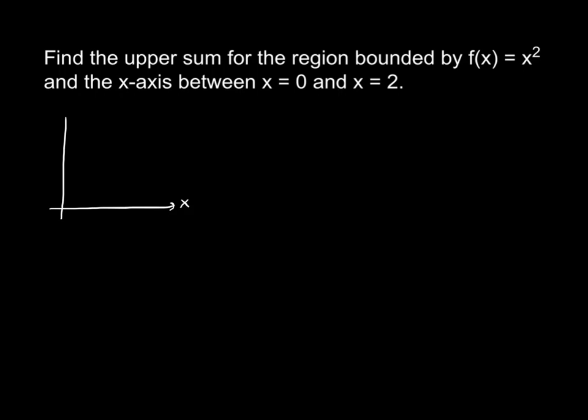So here's a specific example. We're looking for the upper sum for the region bounded by f of x equals x squared and the x-axis between 0 and 2. So we're looking at this region right there.